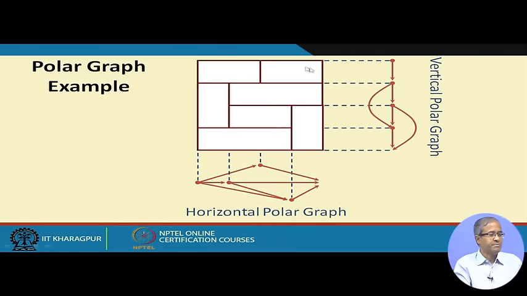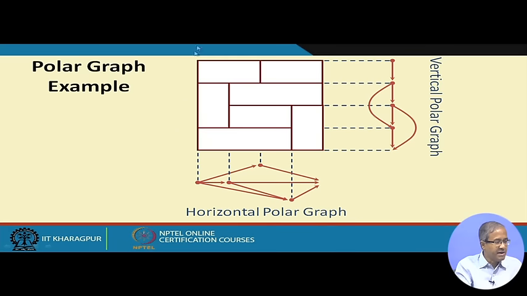Let us take this example. So, this is a layout or a floor plan. This is the horizontal polar graph. In the horizontal direction, you see these are the vertices. What do the vertices indicate? The vertices will indicate each place where you have a vertical line.